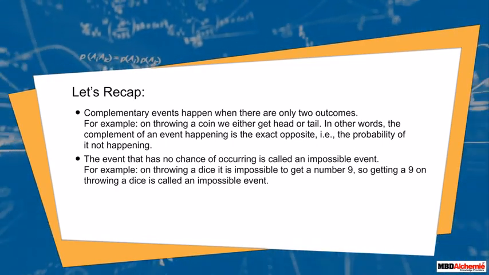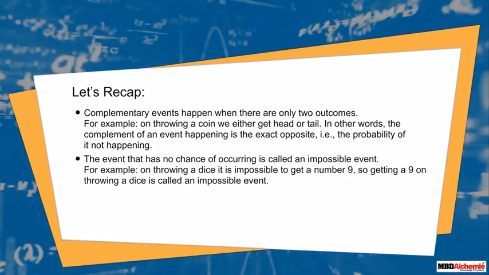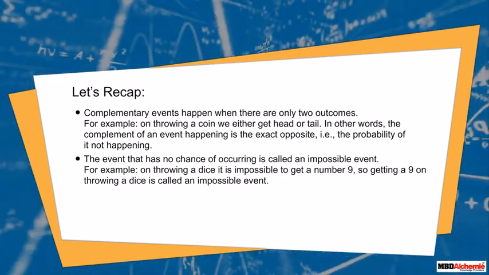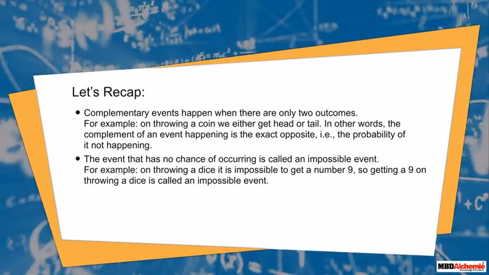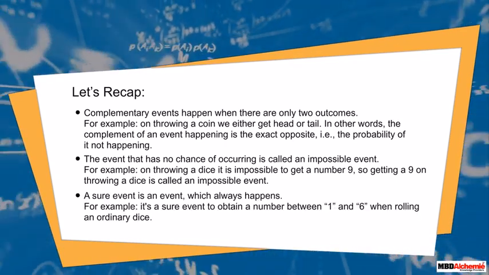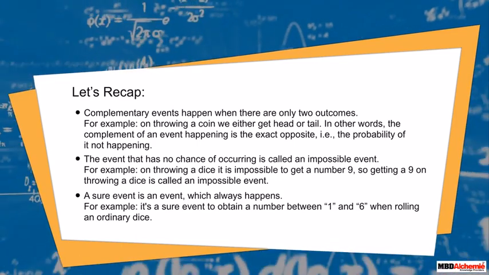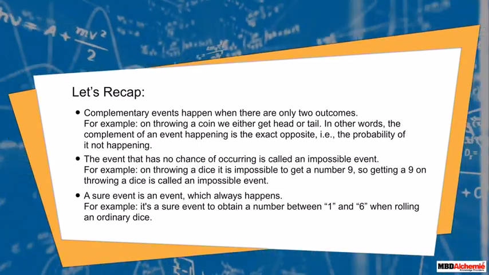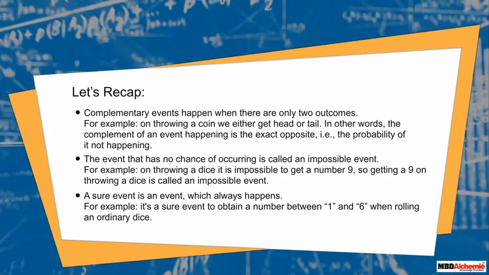For example, on throwing a dice, it is impossible to get a number 9, so getting a 9 on throwing a dice is called an impossible event. A sure event is an event which always happens. For example, it's a sure event to obtain a number between 1 and 6 when rolling an ordinary dice.